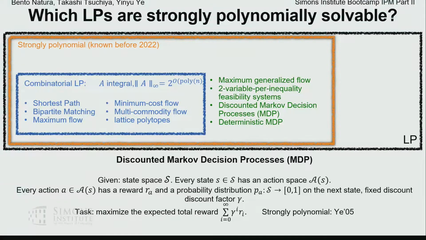Sometimes it's called the mean payoff game. That's still also open. Nobody can prove this belongs to NP intersect coNP, but at the same time we have not found a polynomial algorithm. So it would be nice to crack those problems.